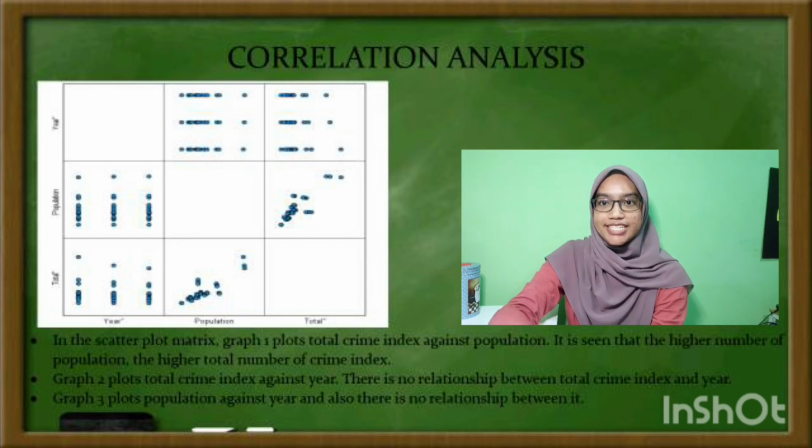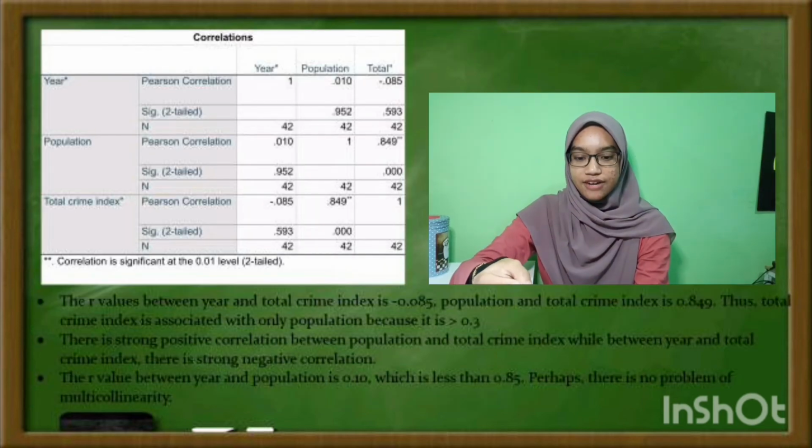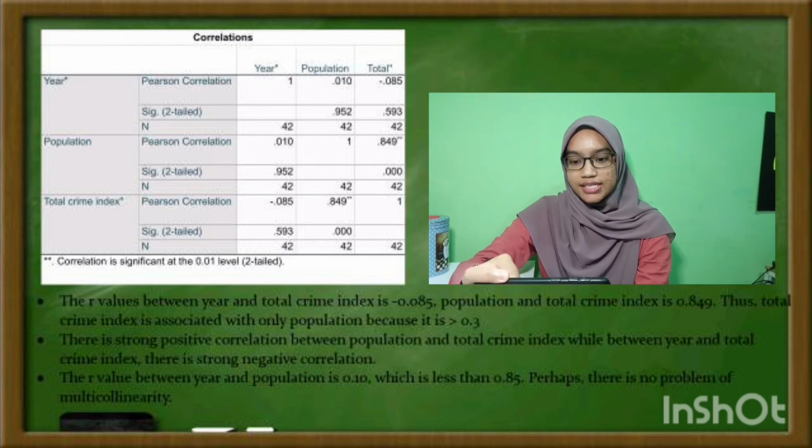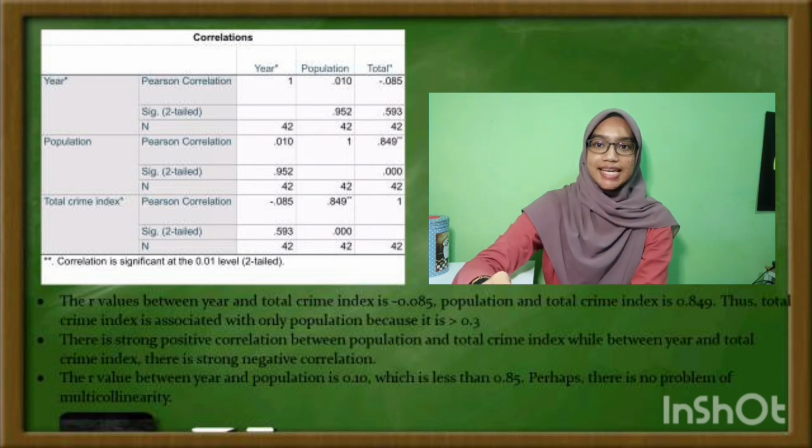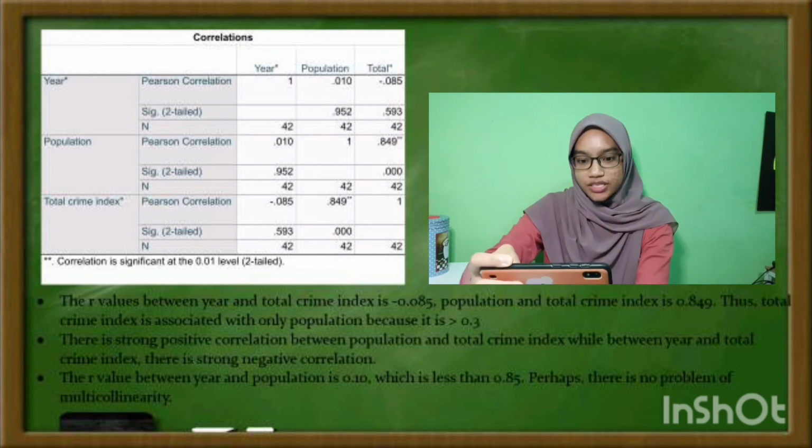Next, the R value between year and total crime index is negative 0.085, and between population and total crime index is 0.849. Thus, total crime index is associated with only population because it is more than 0.3.